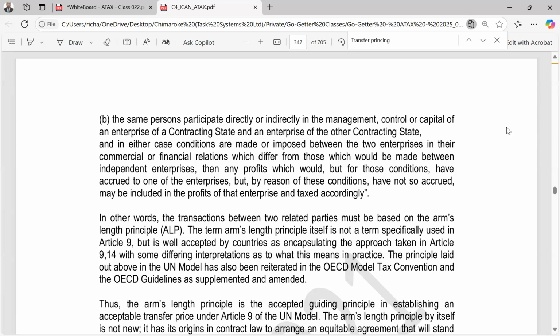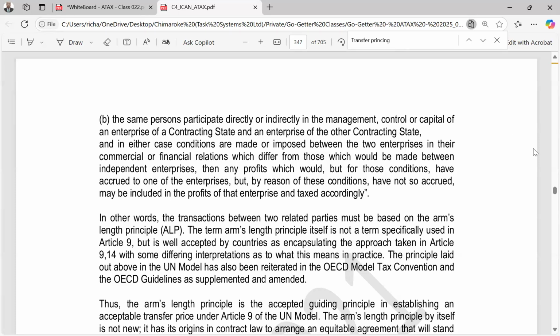And in either case, conditions are made or imposed between the two enterprises in their commercial or financial relations which differ from those which would have been made between independent entities, then any profits which would have accrued to one of the enterprises, but by these conditions have not so accrued, may be included in the profits of that enterprise and taxed accordingly.